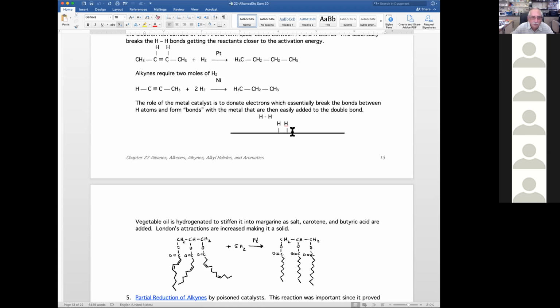So you've essentially broken the hydrogen bond, which is not unusually strong, but it's a stable bond because the electronegativity difference is 0. So now you've loaded up the surface of this metal, and whenever one of these triple bonds or double bonds bumps into it, it says, hey, let's get together and become saturated.